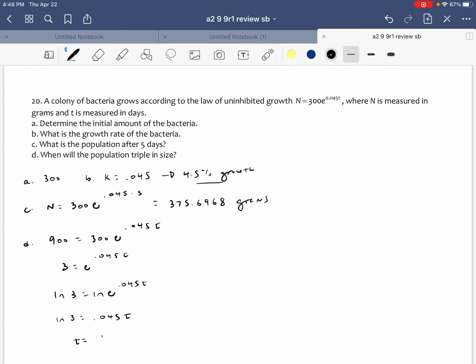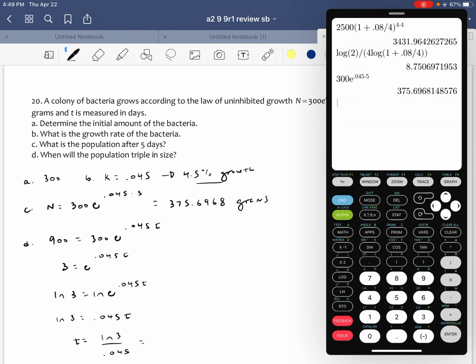And time will be the natural log of 3 divided by your growth rate. 24.4136. And looking at the problem, that is in days.